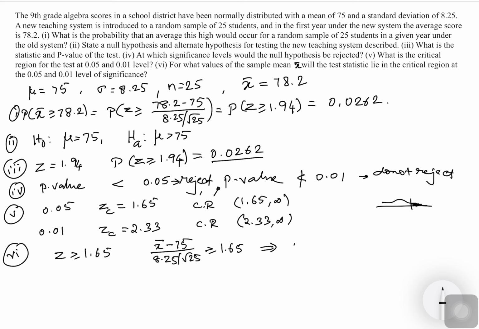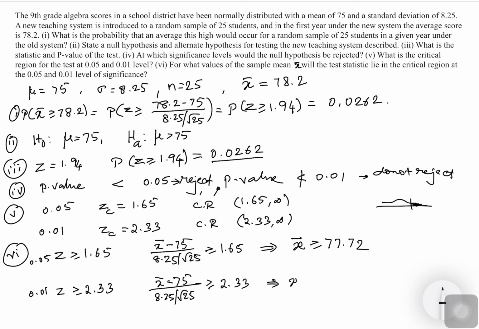So this will fetch us x bar to be greater than or equal to 77.72, and at 0.01 level of significance, we expect z to be greater than or equal to 2.33, then it will be lying in the critical region, or (x bar minus 75) over 8.25 over root 25 to be greater than or equal to 2.33. So this gives us x bar greater than or equal to 78.84. So this was all about the first problem.